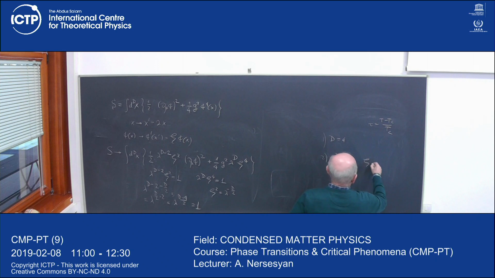In other words, zeta is 1 over lambda. Right? What does it mean? It means that if I have a field, lambda x is multiplied by zeta, which is 1 over lambda, phi of x. Correct?